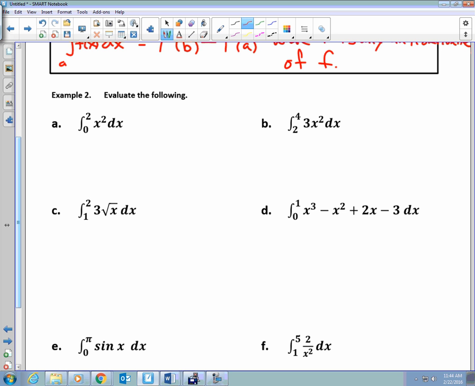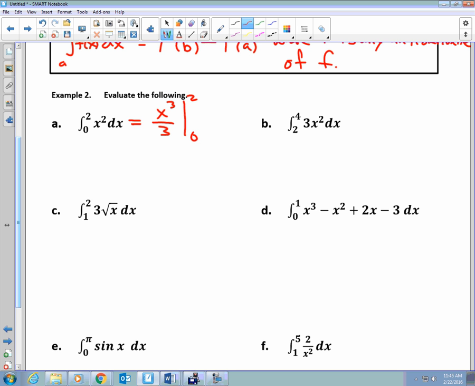What's the antiderivative of x squared? X to the 3 divided by 3. Then we write a vertical bar, and at the top, put the top bound, and the lower part, put the lower bound.